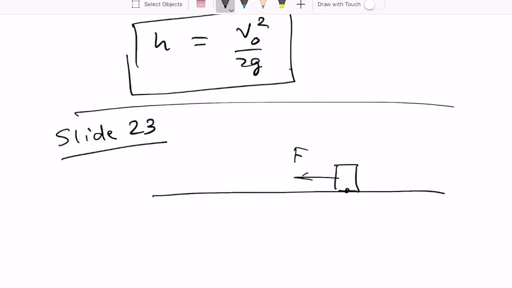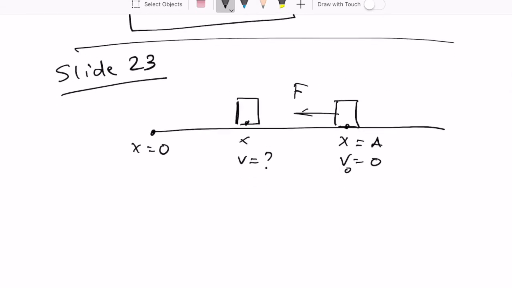Let's say this is the origin, so this is x equals 0. The object starts from over here, x equals a. So the question is, what is the velocity of the object? Its initial velocity is 0. What is the velocity of the object at some other x when it's over here?